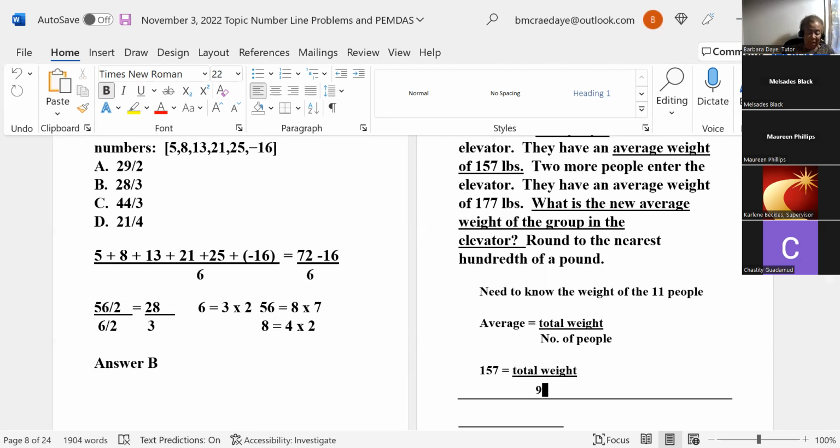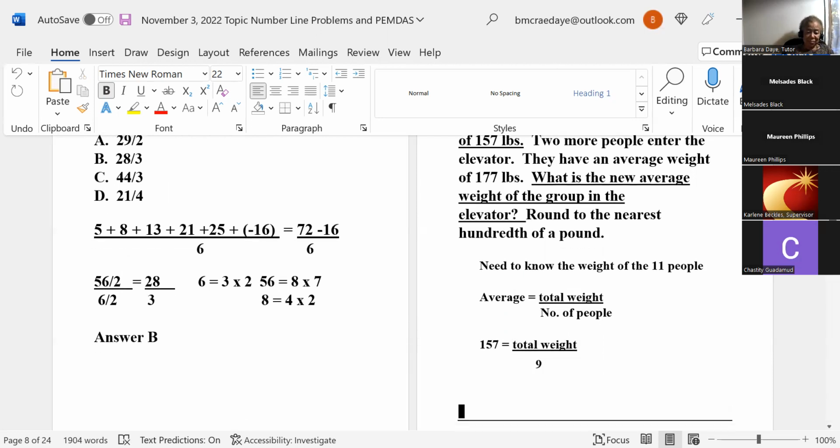Doesn't that make sense? Yes. So your total weight would be 9 times 157. So that's the total weight for those 9 people. And what is that equal to? 9 times 157, 1413, right?